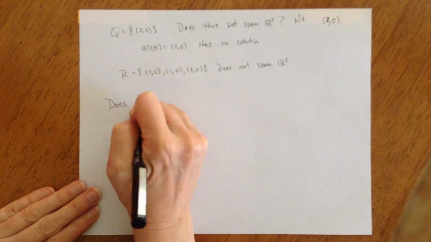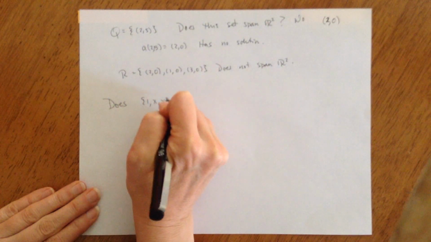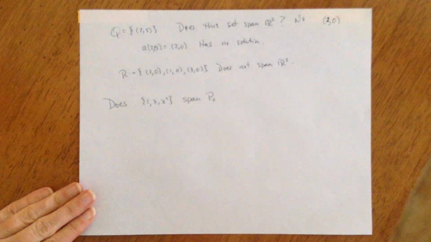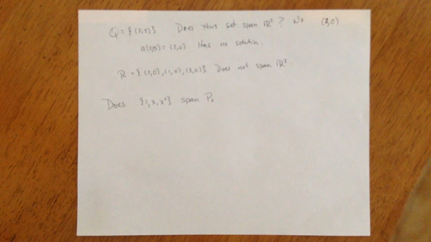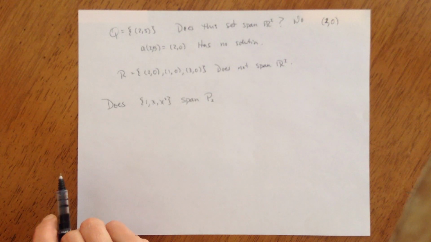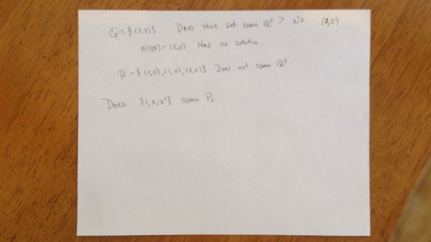So how about, does 1, x, x squared span P sub 2? So this is a vector space we've looked at before. It's the set of polynomials of degree 2 or less, and the question is, does this set span all of P2? So could we get any vector from P2?